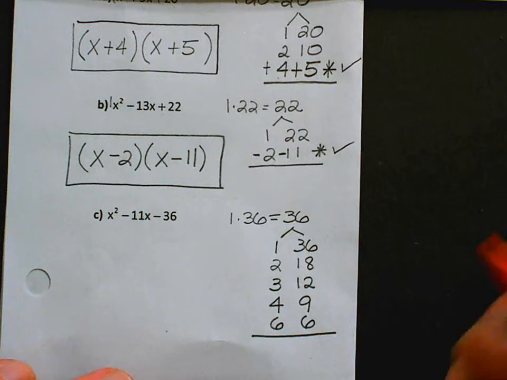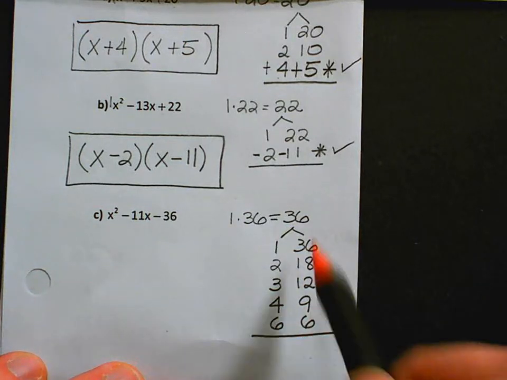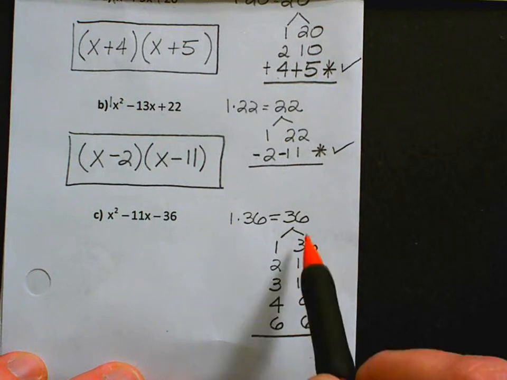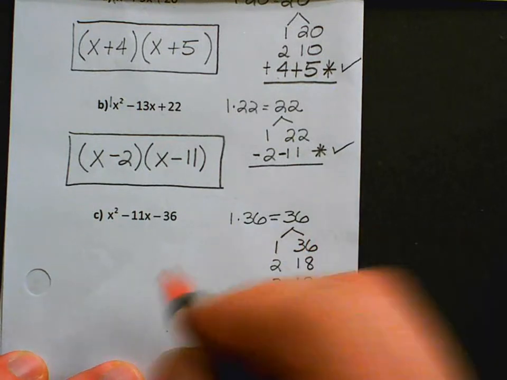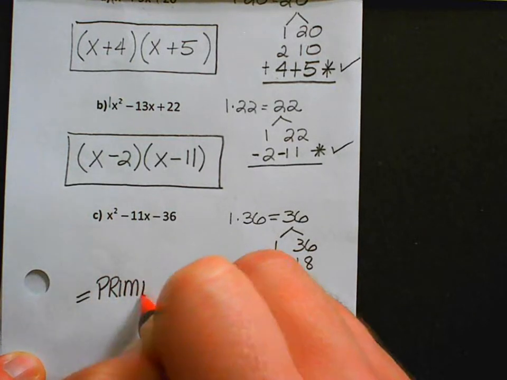Now we need to look for something that will give us 11. And as we can see here, nothing here will give us 11. So therefore we write this as prime.